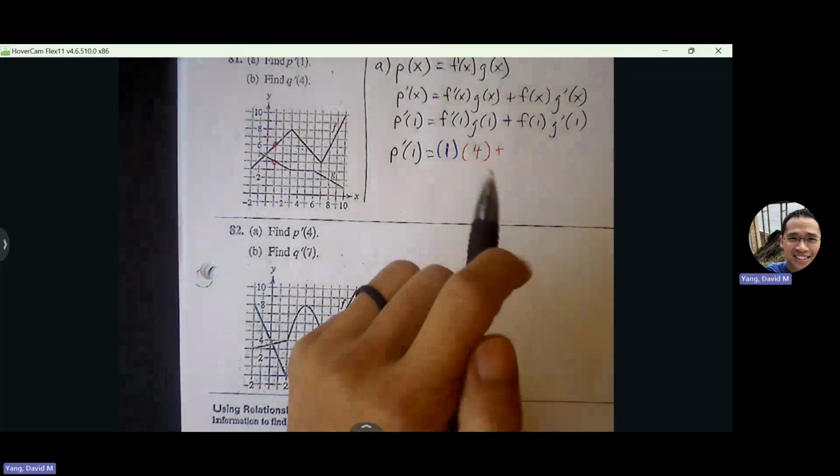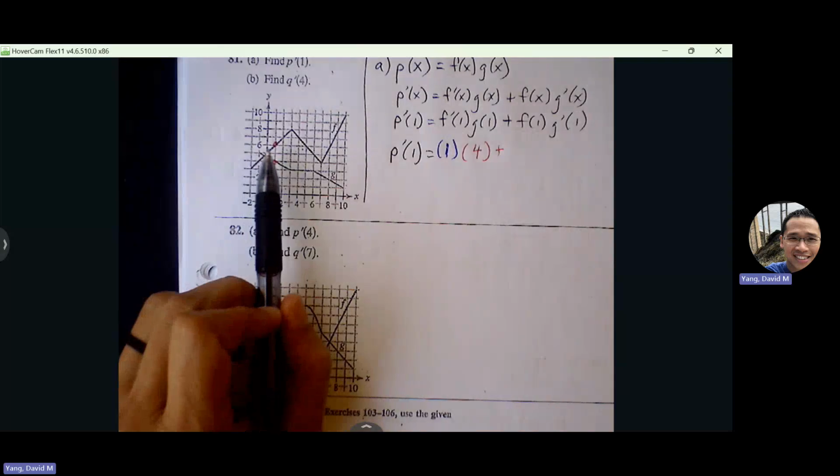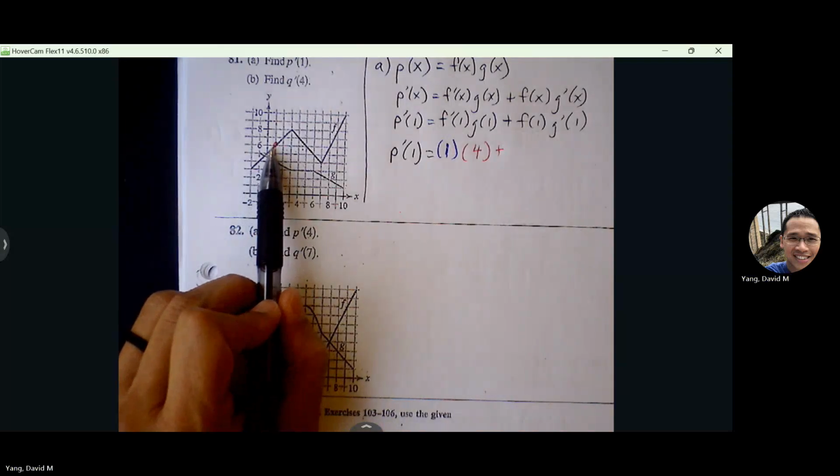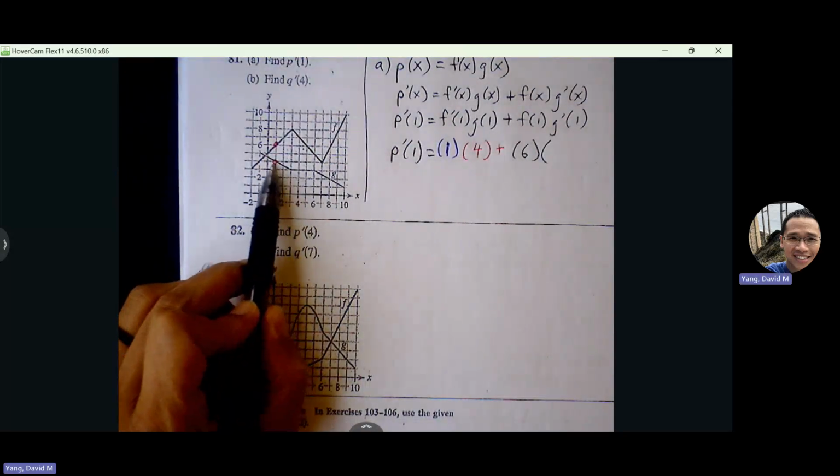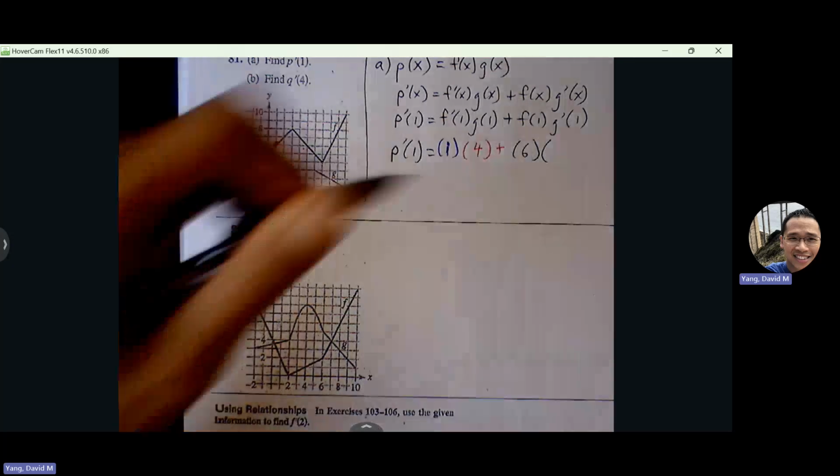Okay. F of 1, back to the y value. Now for F, 6. Okay. What's the slope of this line segment here? Negative 1 over 2. Good. Down 1 over 2, right? Down 1 over 2, negative 1/2.